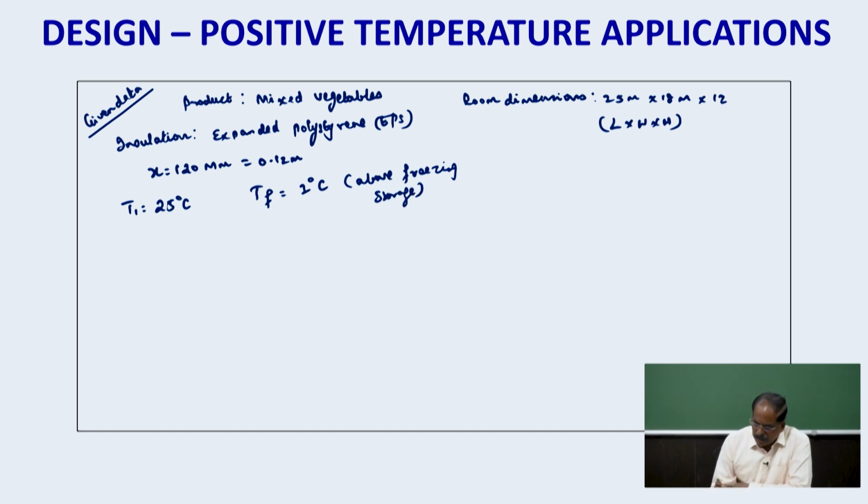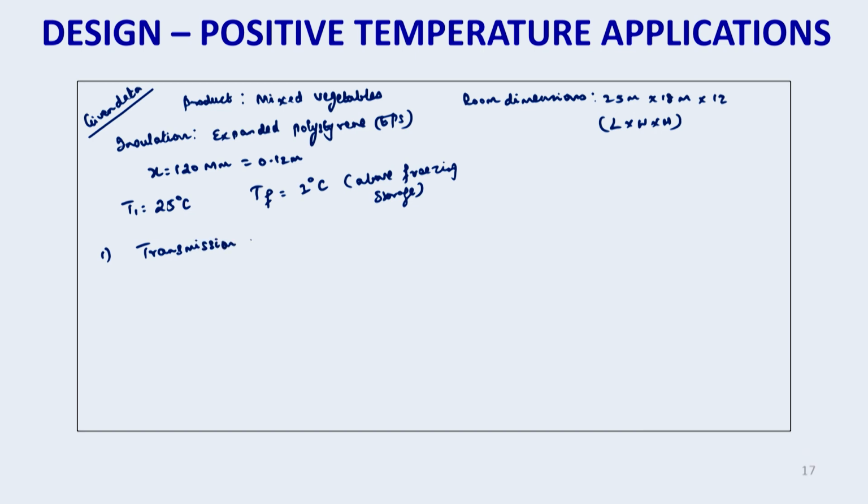So, let us calculate the various components of heat load one by one. So, first one is transmission load. Transmission load QT is equal to U into A into delta T. Delta T, also we can write, outside condition is 45 degrees centigrade dry bulb.